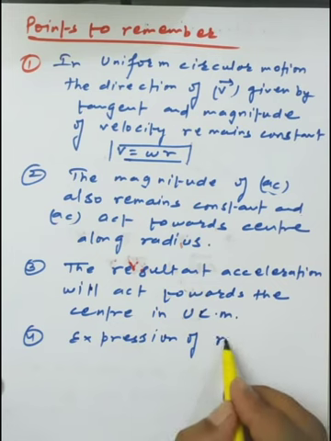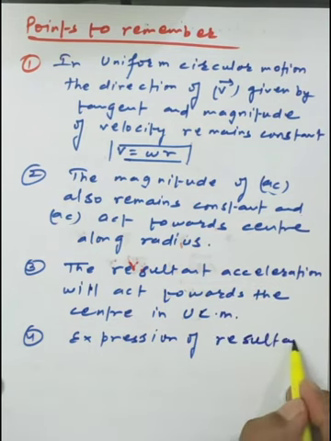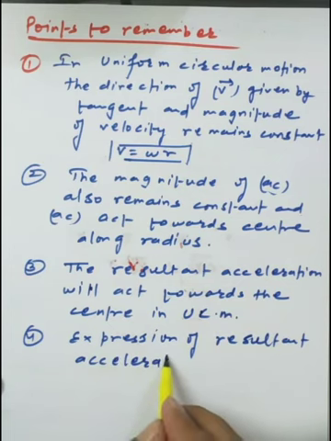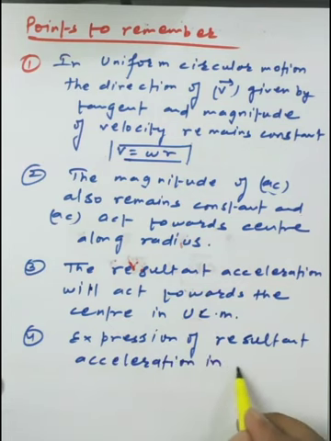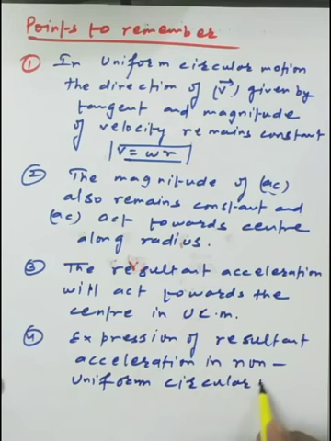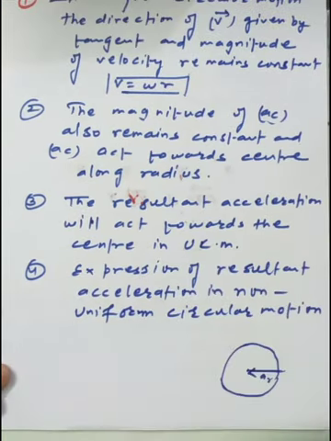Fourth, the expression of resultant acceleration in non-uniform circular motion. Now we assume the particle is moving on a circular path, but showing non-uniform circular motion.